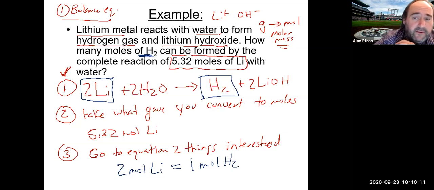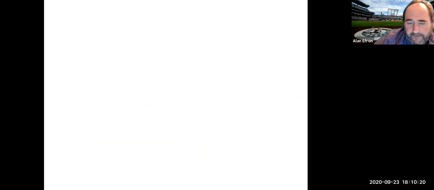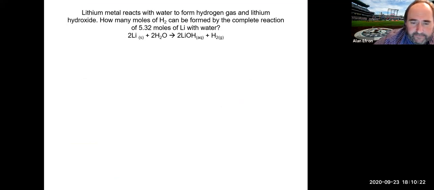There was no calculation done to figure that out. Now, from that relationship, as we've been talking about, we can write 2 conversion factors. Our relationship was that for every 2 moles of lithium, we get out 1 mole of H2.